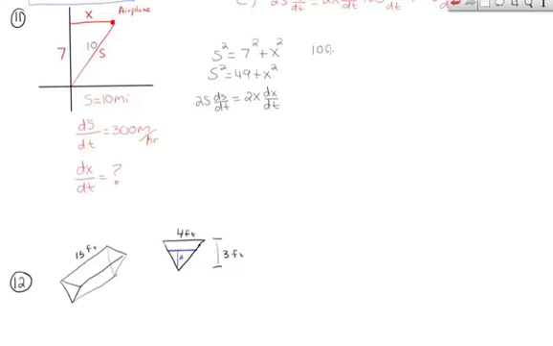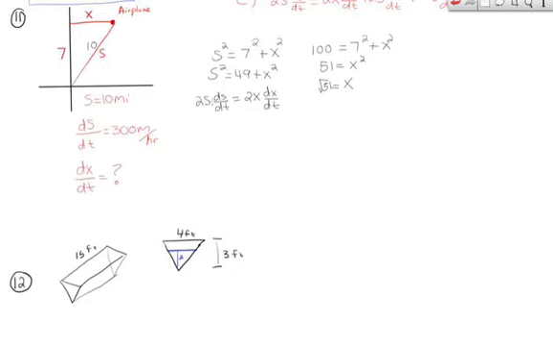S squared is 100 equals 7 squared plus x squared. So that's 49. I subtract 49, I get 51 equals x squared. So x would appear to equal the square root of 51.